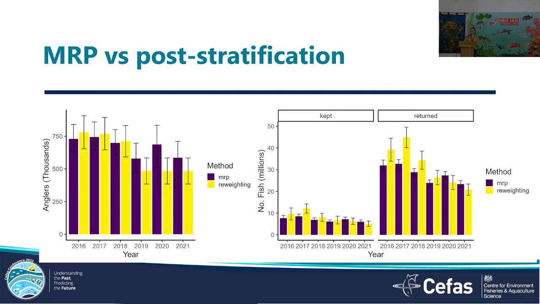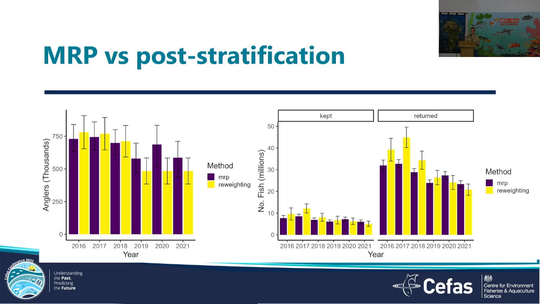And then comparing the MRP to the post-stratification. On the left, we have the total number of anglers generated by each of the different models, and you can see that it gives quite similar estimates.